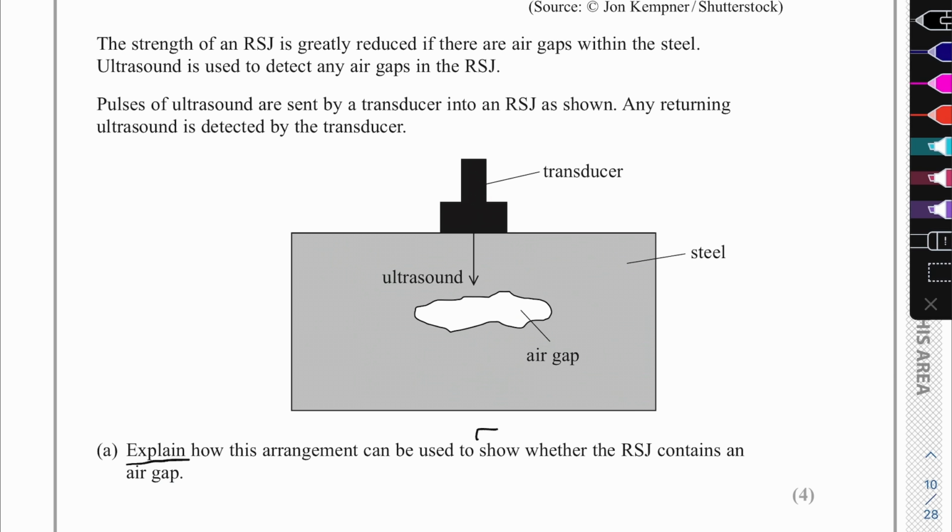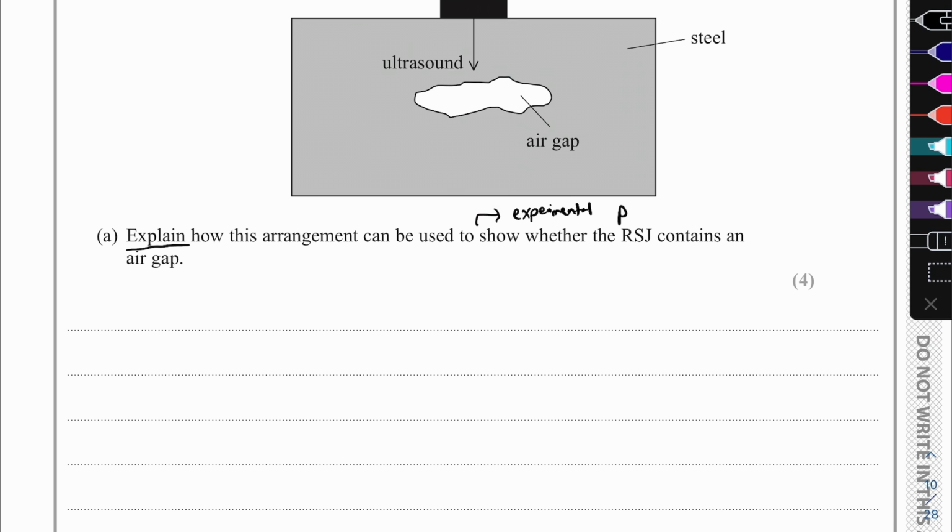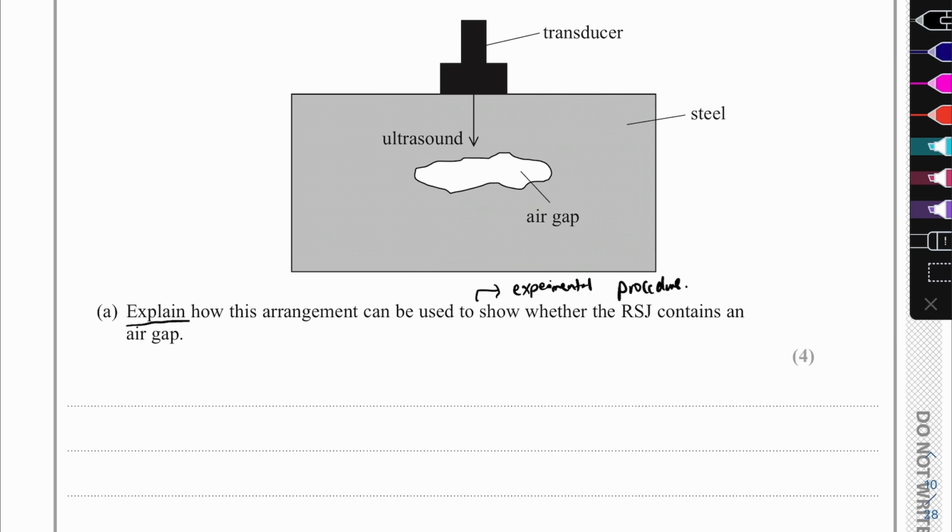Now, the key word here is that they're saying explain how this arrangement can be used to show. So you have to explain as if this was an experimental procedure. So what can we say? We just talked about it. We said that as the pulses are sent, they will return in some reflected form. It will reflect from here, for example, and go up, or reflect again from somewhere else.